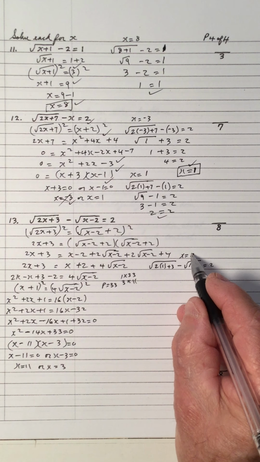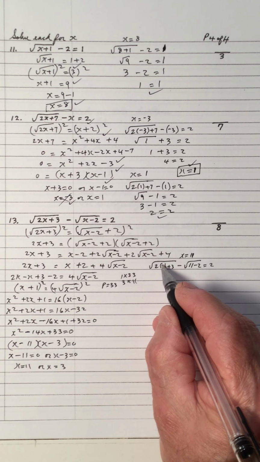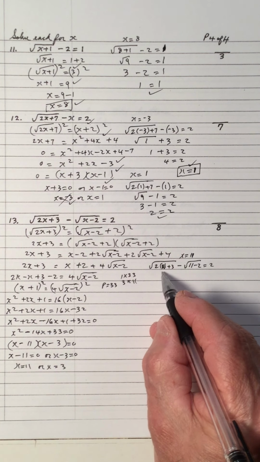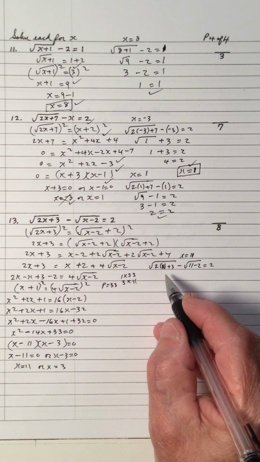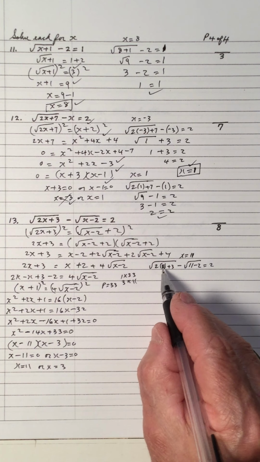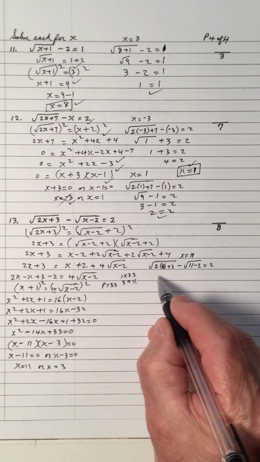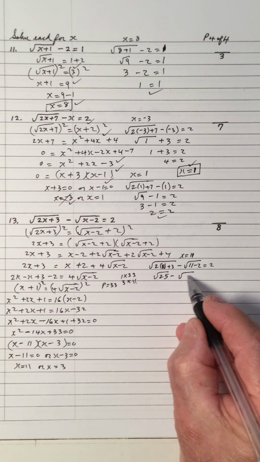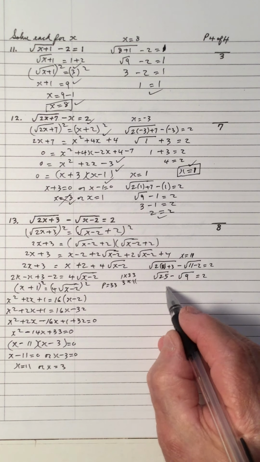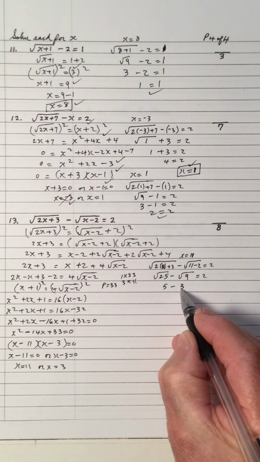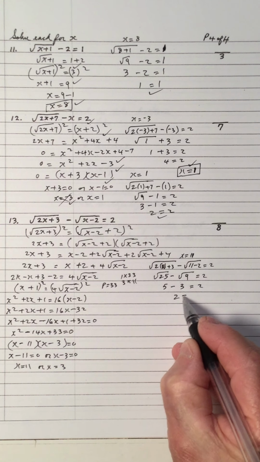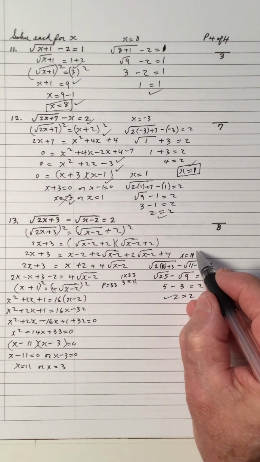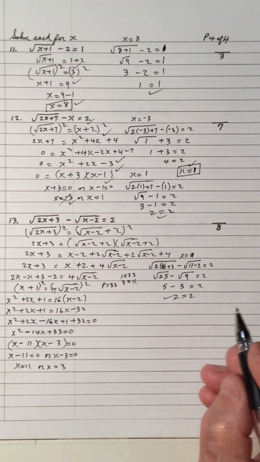So that gives me 22 plus 3, that's a 25. Minus 11 minus 2 is 9. The root of 25 minus the root of 9, 5 minus 3, equals 2. Okay, so x equals 11 is okay.